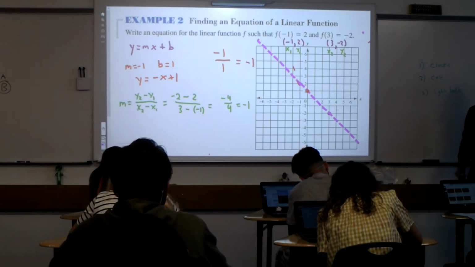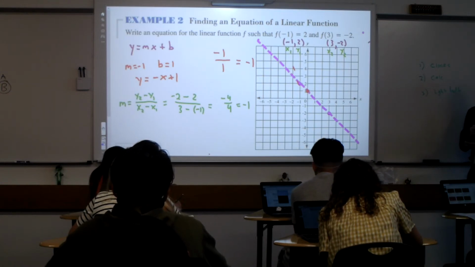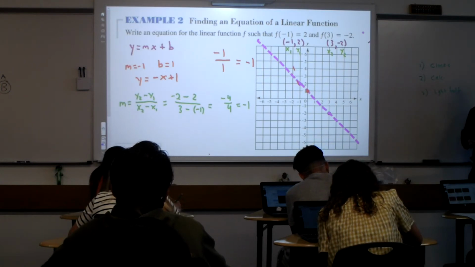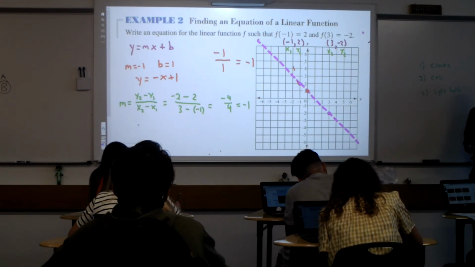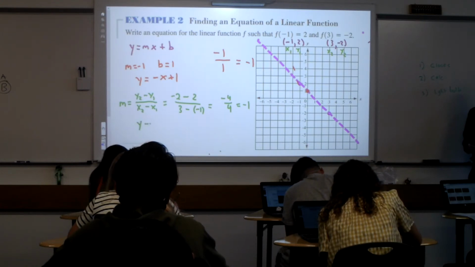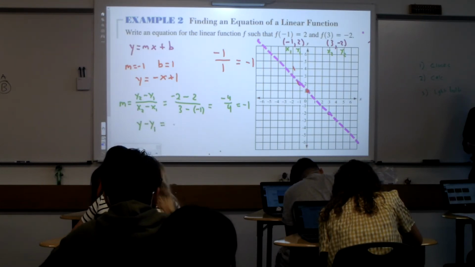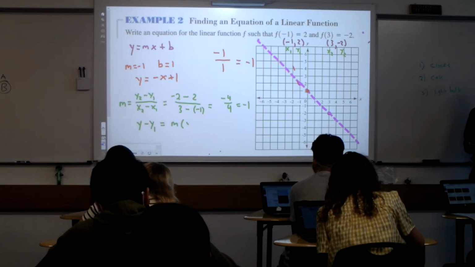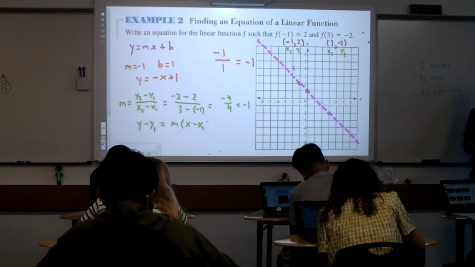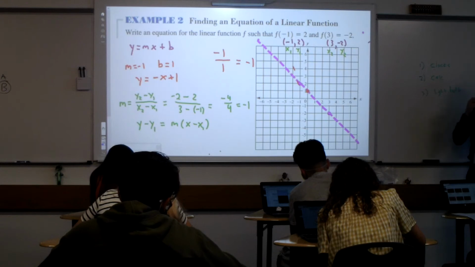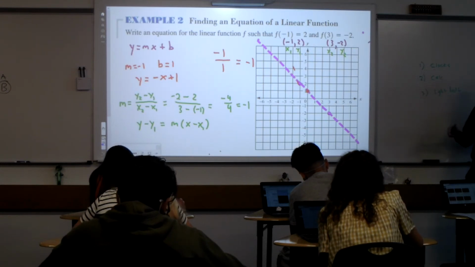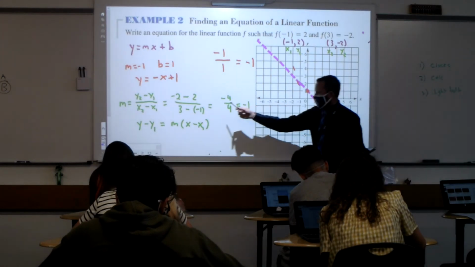Now, as far as getting the equation, what we're going to do is plug that into our point-slope formula. If you remember, our point-slope formula looked like this. We did y minus y1. We got the slope now is -1.